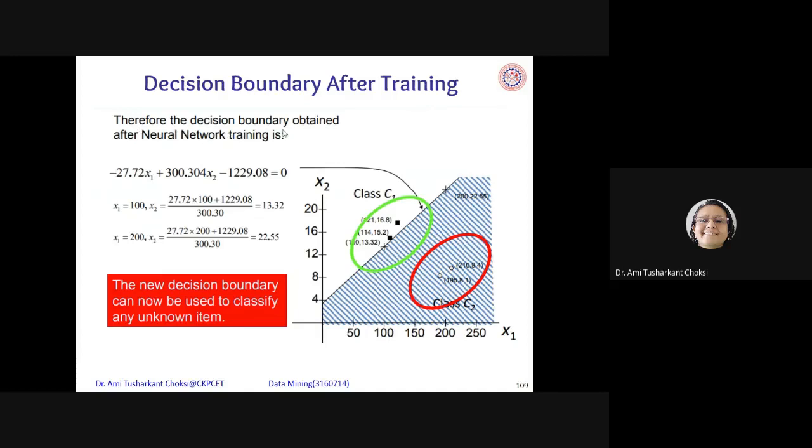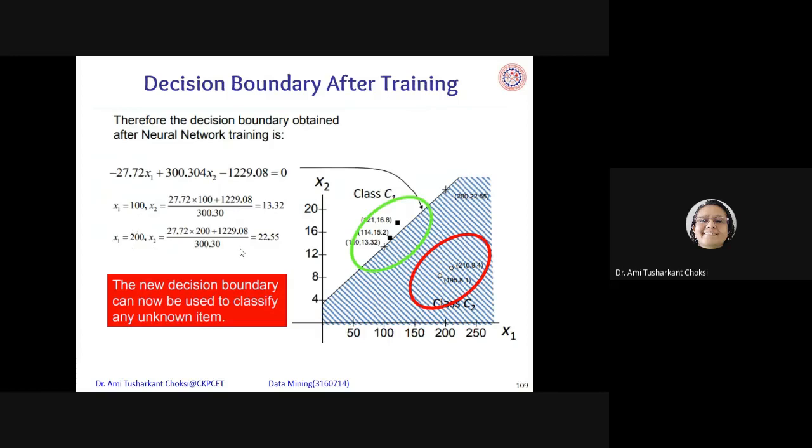Therefore, the decision boundary obtained after neural network training is negative 27.72x1 plus 300.304x2 minus 1229.08 is equal to 0. If X1 is equal to 100, then what is X2? If X1 is equal to 200, then what is X2?